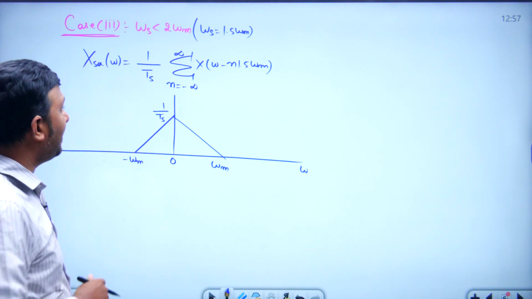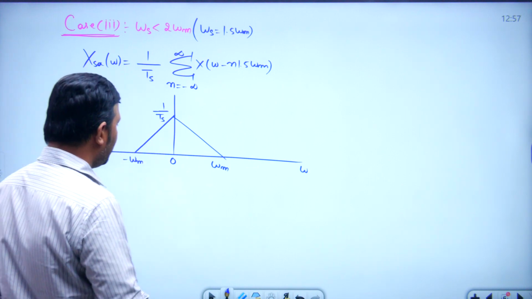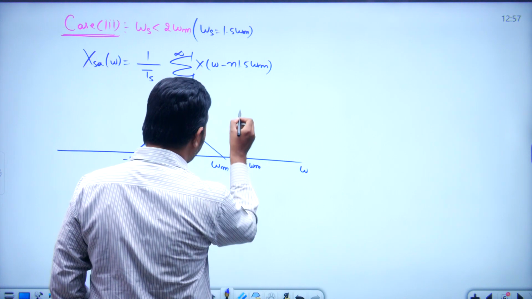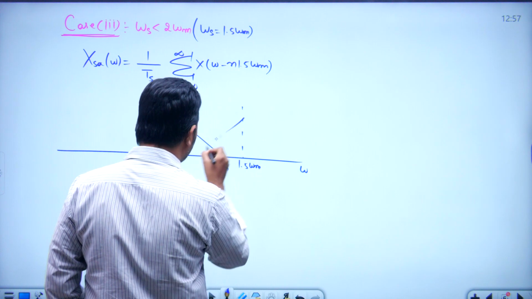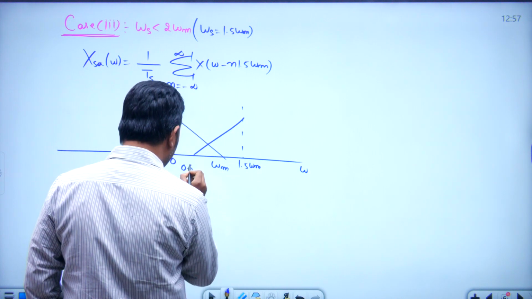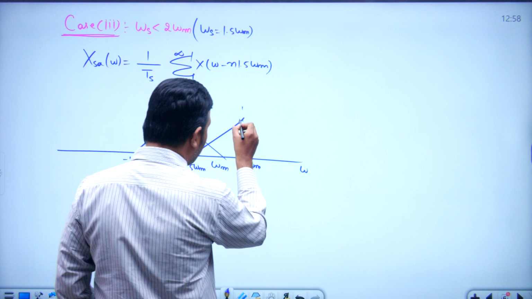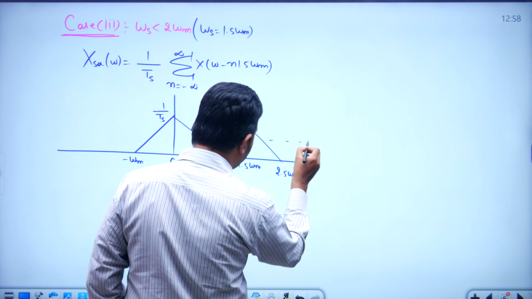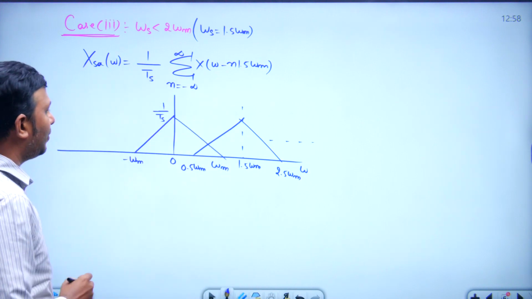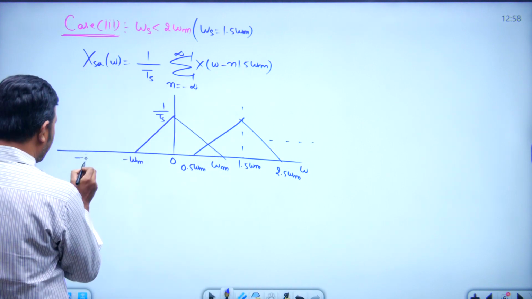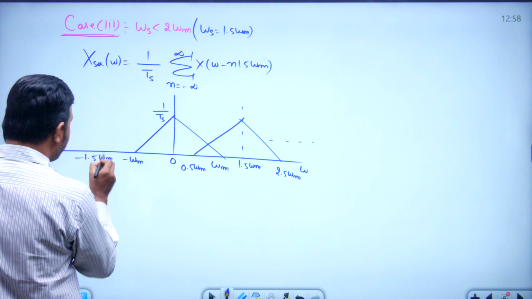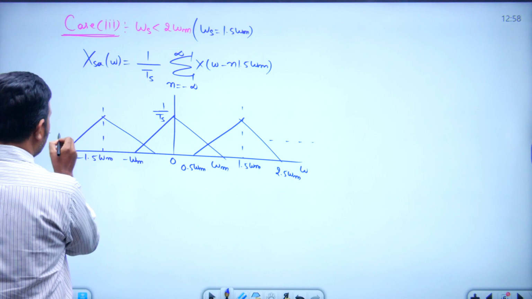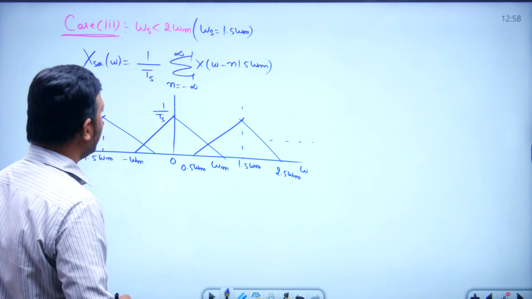X of omega minus 1.5 omega m you will get, so it is centered around 1.5 omega m. 1.5 minus 1 is 0.5 omega m, 1.5 plus 1 is 2.5 omega m, and if I substitute n is equal to minus 1, it is centered around minus 1.5 omega m. This kind of spectrum or periodical repetition you are going to get.